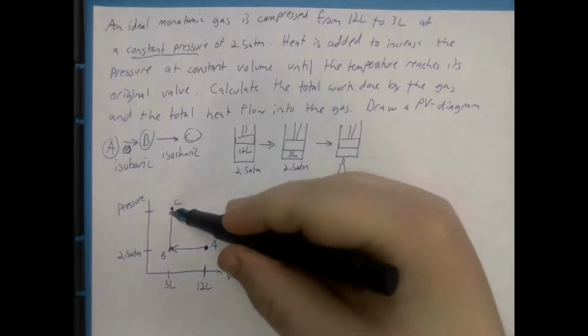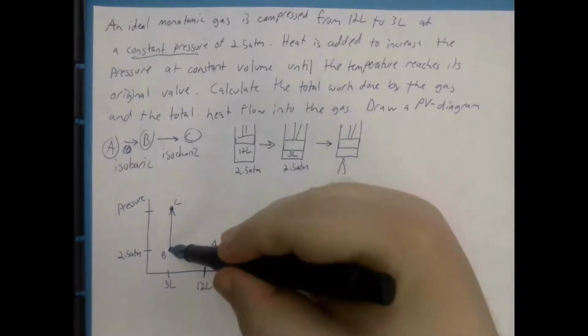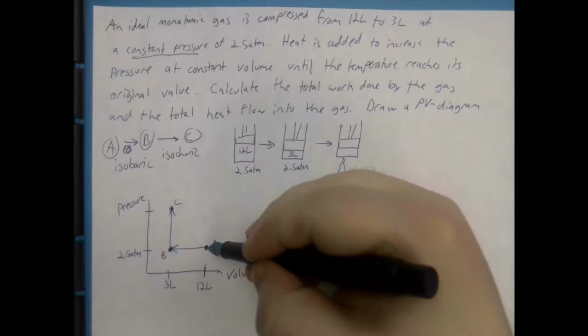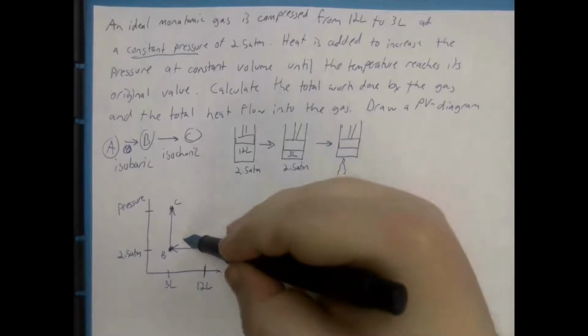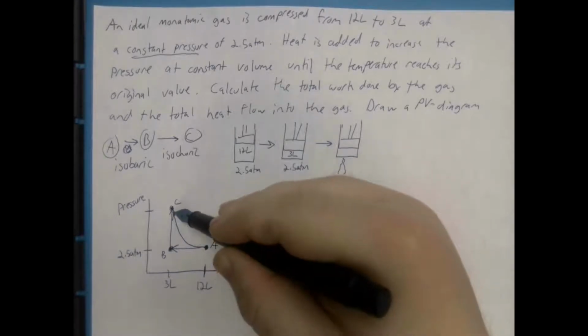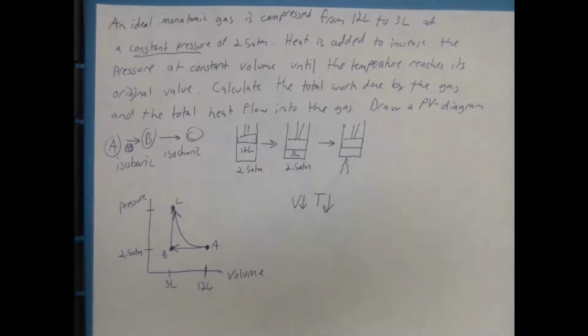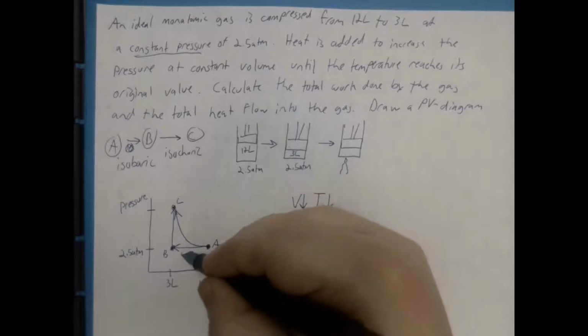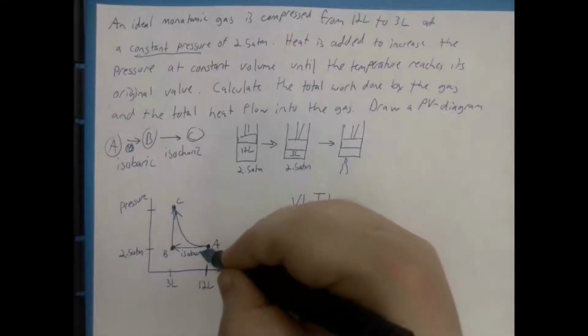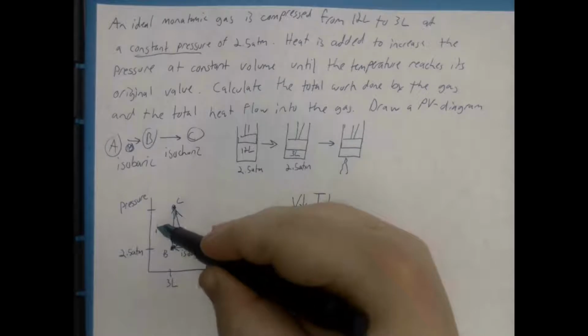We can assume that this B step is omitted and we can go directly to C. We don't have to, but let's see what all we can do. So we know that this part is isobaric and this part is isochoric.